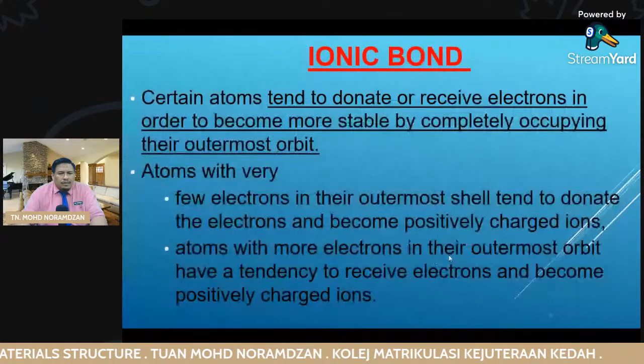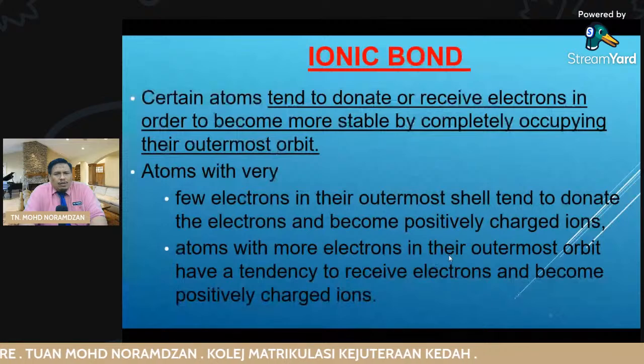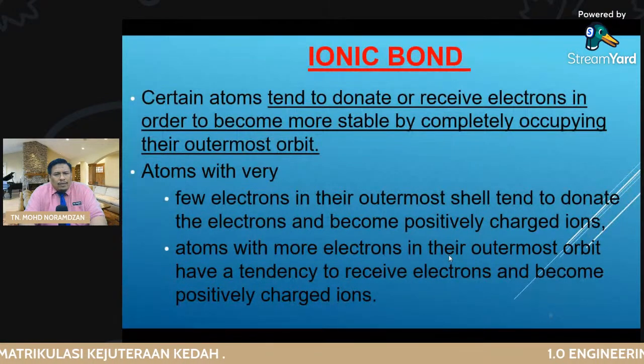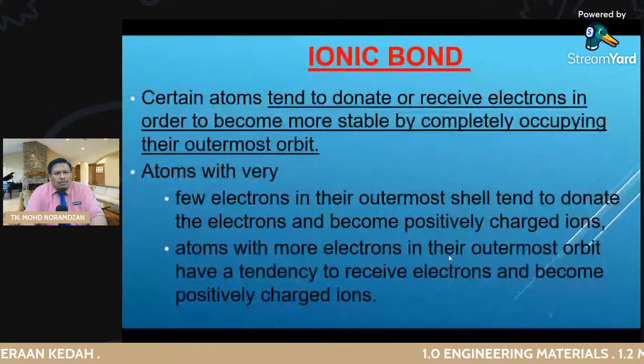Ionic bond. Certain atoms tend to donate or receive electrons in order to become more stable by completely occupying the outermost orbit.